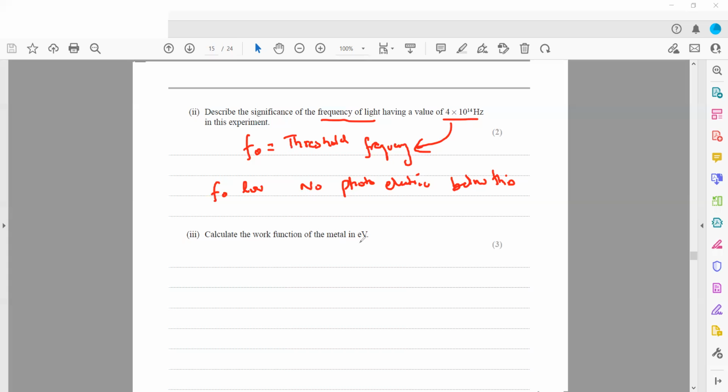Then calculate the work function of the metal in electron volts. Using this frequency, we'll work it out because that is the minimum possible frequency. The work function will be h f naught. Using the minimum possible frequency, we multiply by Planck's constant and we get the work function.